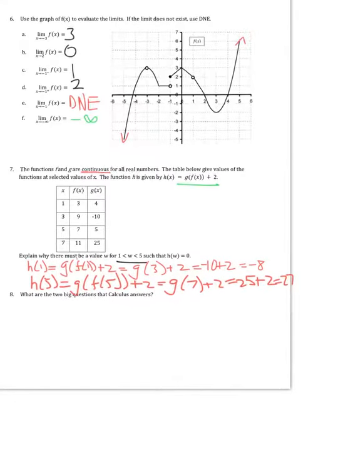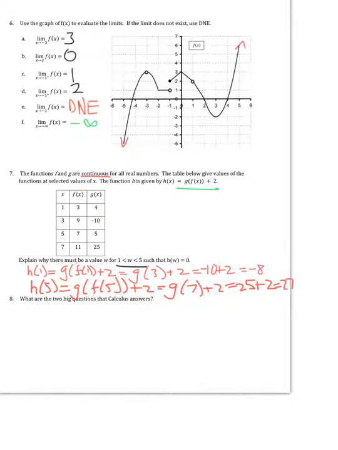So now that we have those two values, we notice that we're looking for a value where h of w equals 0. 0 is between -8 and 27.